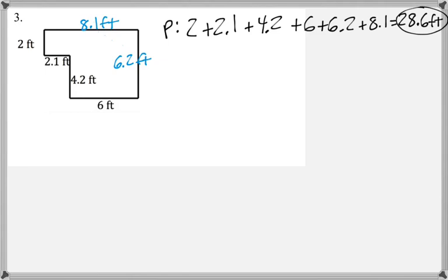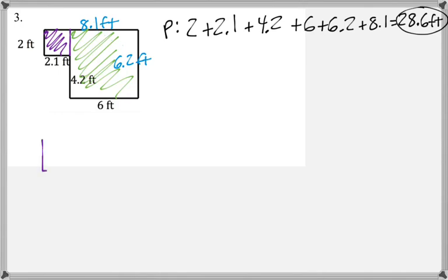So I want to look at this rectangle, and I want to look at this rectangle. So if I find the areas of those two rectangles and then add them together, then that will be the area of the entire thing.